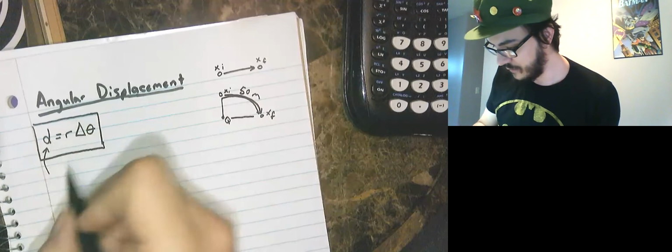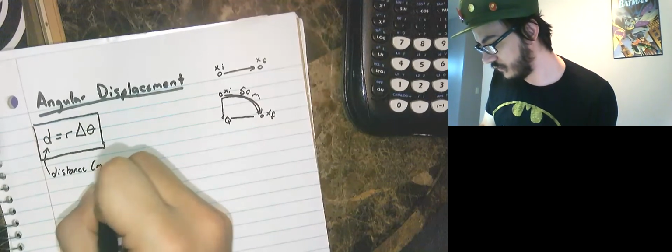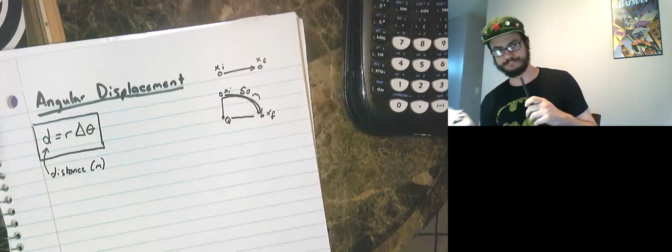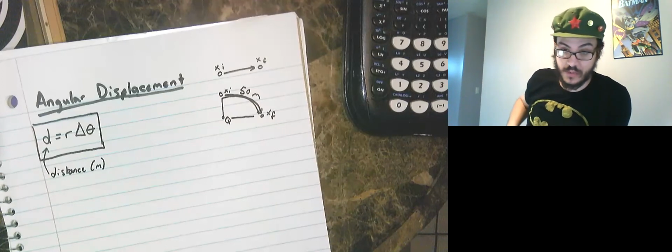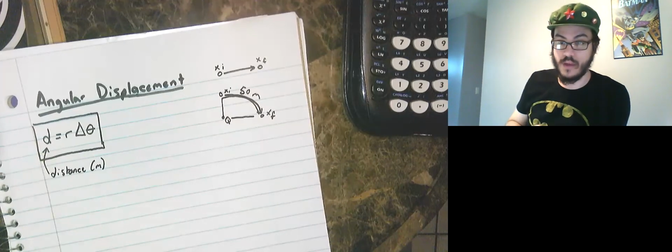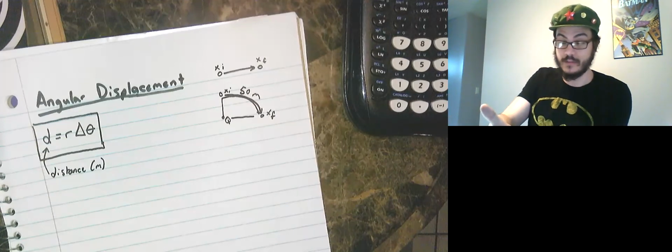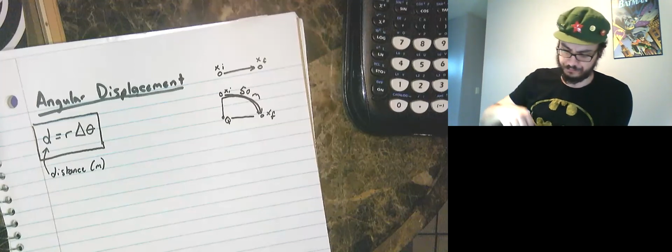So here we have the distance. Now notice we're calling it distance in meters because this is not a vector. Otherwise, we'd call this displacement as well. It's not a vector when we're talking about translational motion because it goes in two directions. A vector can only have one.